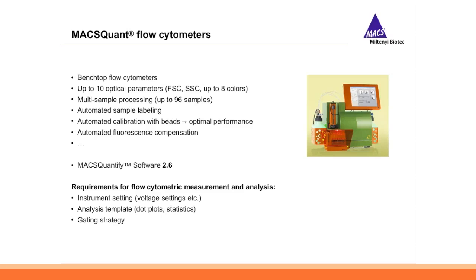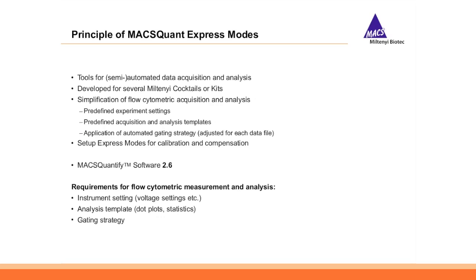For a successful measurement and analysis, you need an instrument setting. That means voltage settings, gains, perhaps a compensation. Then to visualize everything, you need an analysis template with dot plots and statistics. And then you also need a gating strategy to get your results out of your raw data.